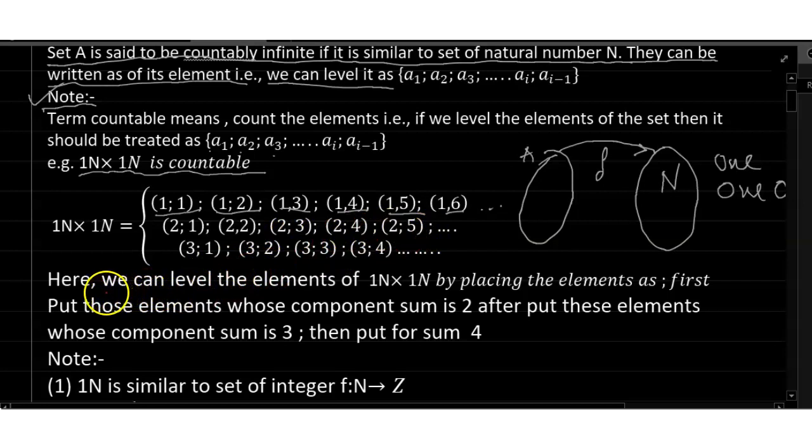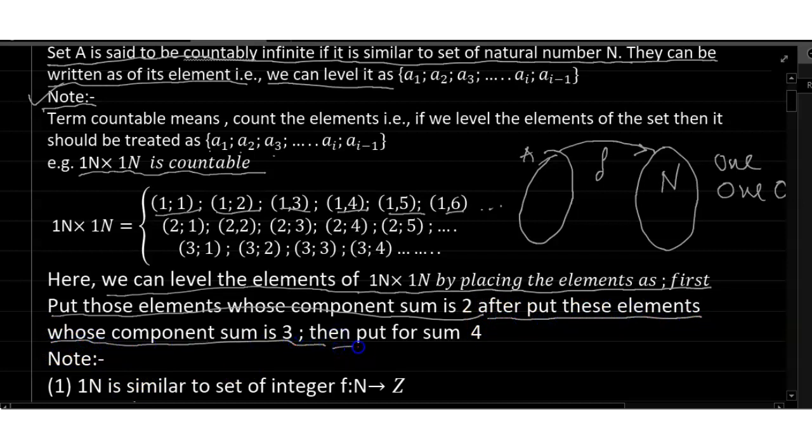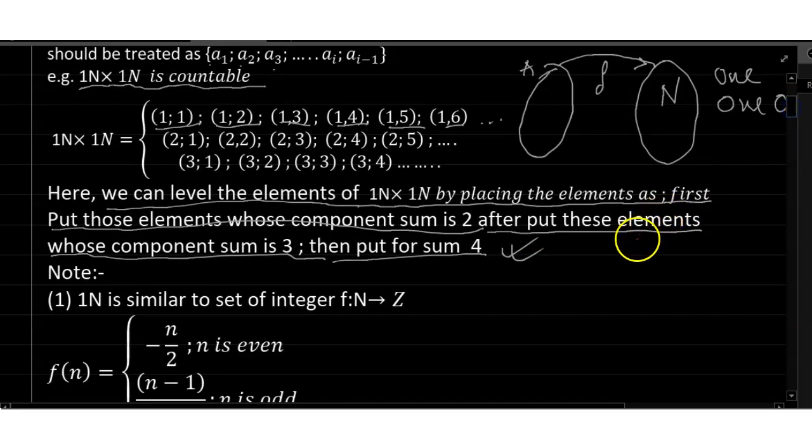So we can label the elements of N cross N by placing first those elements whose component sum is 2, then those whose component sum is 3, then sum 4. So I can easily express it as natural numbers. This is a bijective mapping.